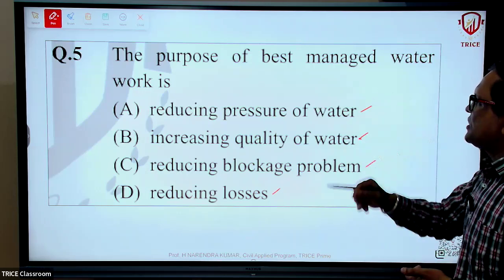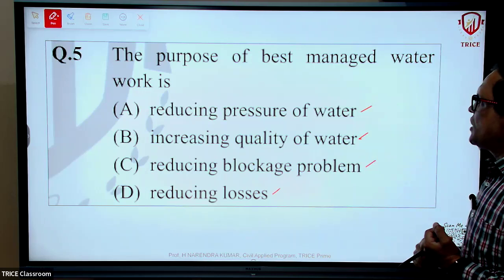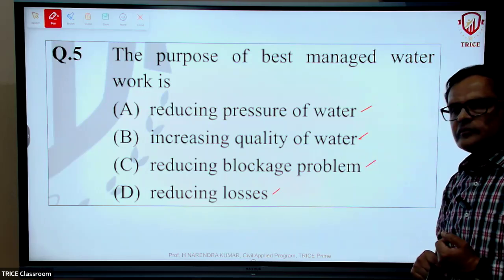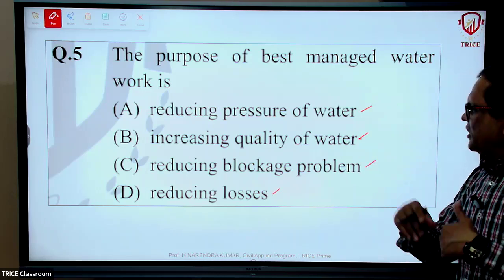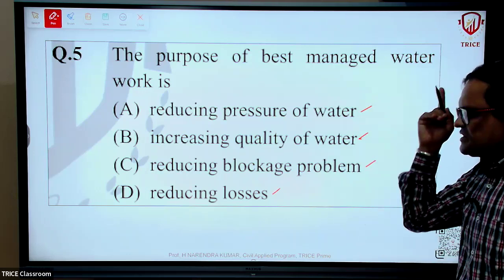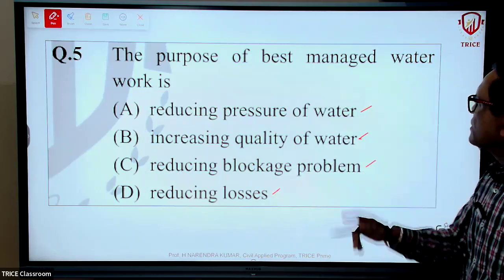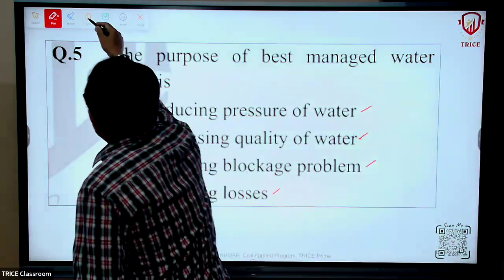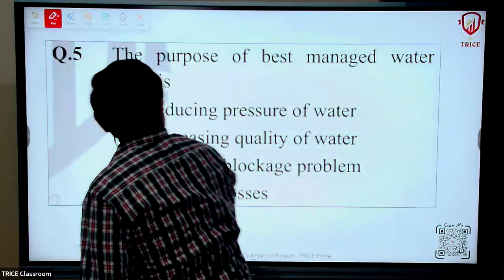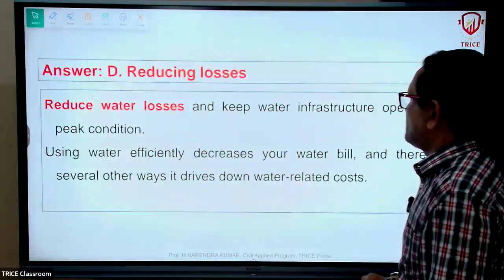But if you look at the best managed water works, not only in our country, even in Western countries, always they say reducing the losses is the main purpose of best managed water works.